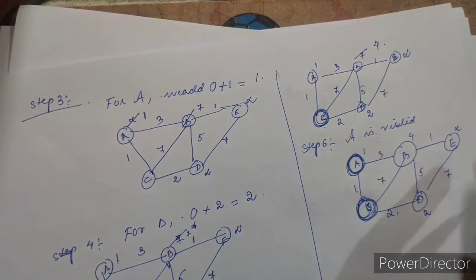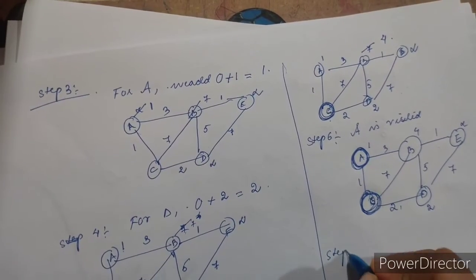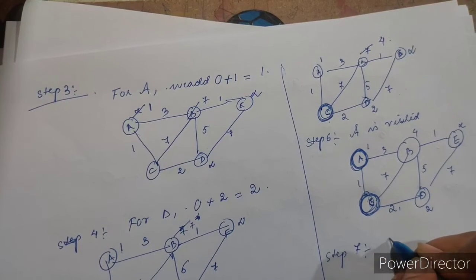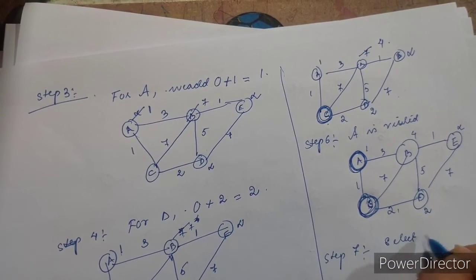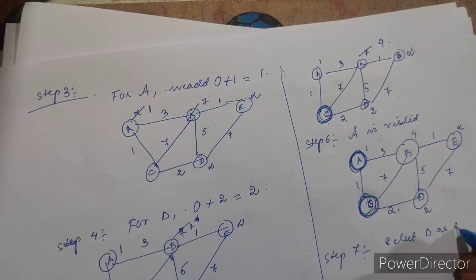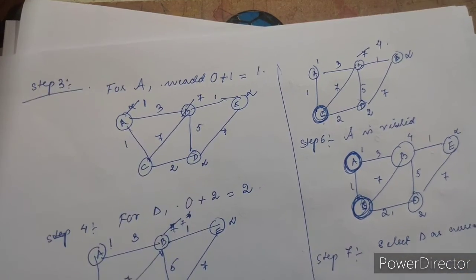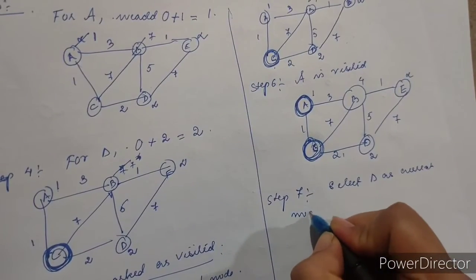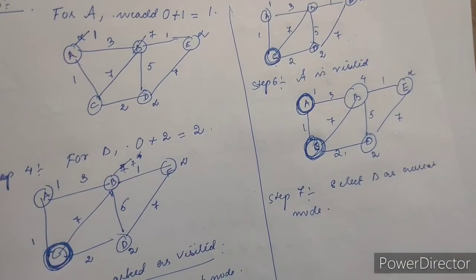So for node E, step number 7. In step number 7, select D as the current node, as D as the current node, right?